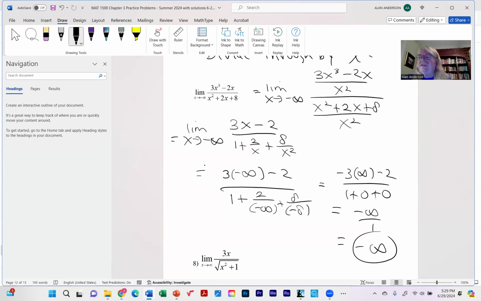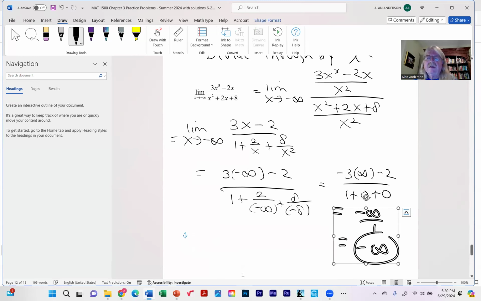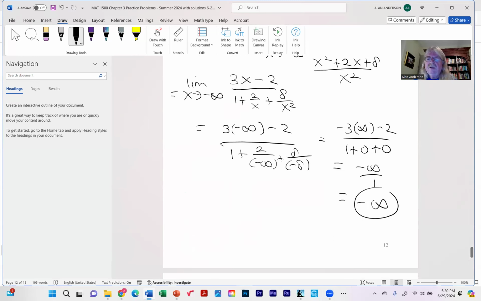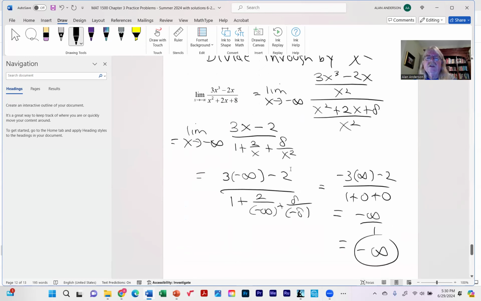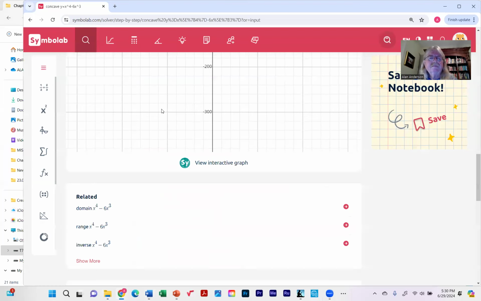In fact, if we were to graph this thing on Symbolab, it might be easier to see why this is happening. But before, when you have only infinities in the numerator and the denominator, that doesn't work. So let's plug this into Symbolab just out of curiosity.